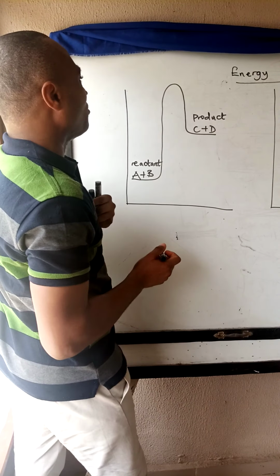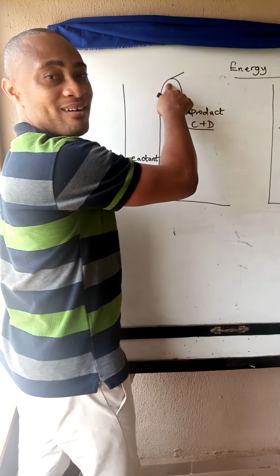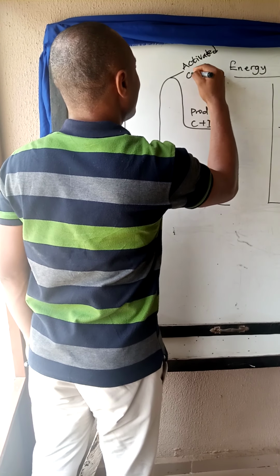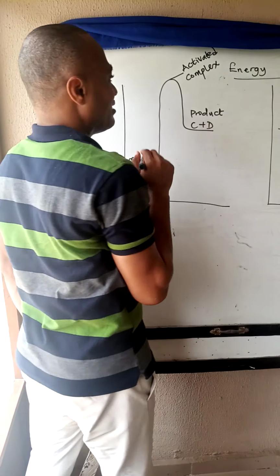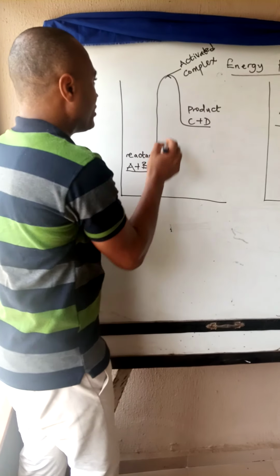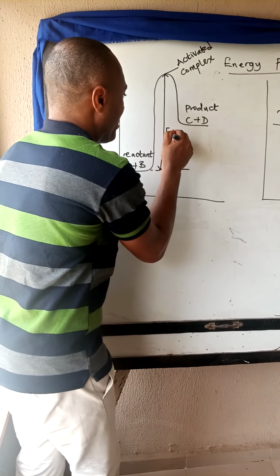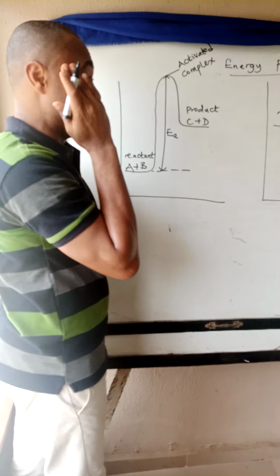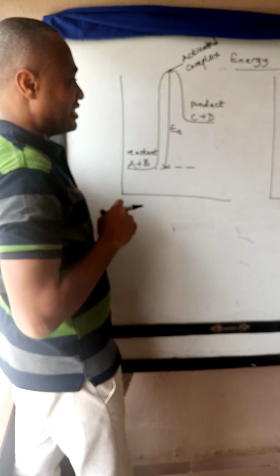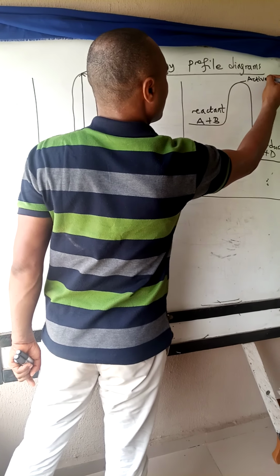Now we're going to label this. The peak of this diagram is called the activated complex. From this activated complex to where your reactant is, I call this the activation energy, the enemy of our reaction. Now look at this, this is still my activated complex.